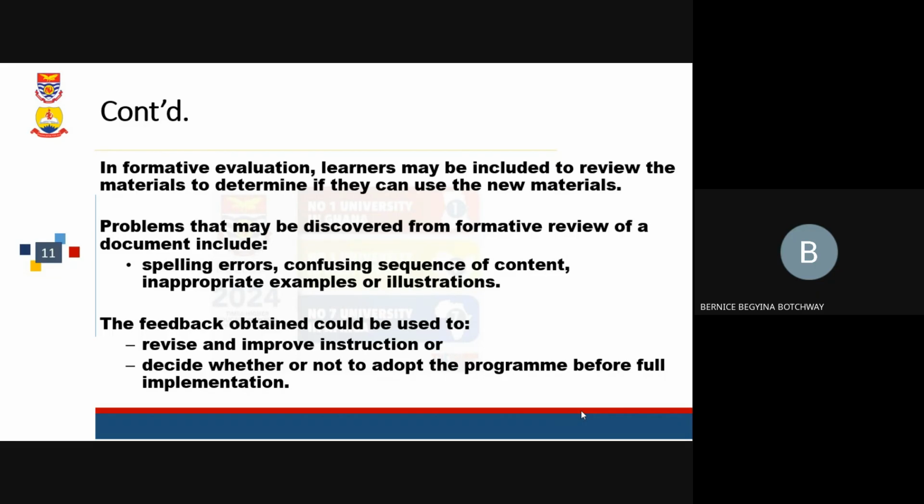You can also discover a confusing sequence of contents, the arrangement. Sometimes they have detailed for us the sequence that this particular course should follow this other course, to make sure that students understand it. So when you are developing something, you start from the basics, the simple one, then as you move on, you climb the ladder, you increase it.